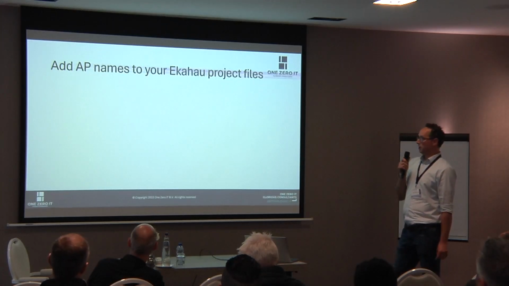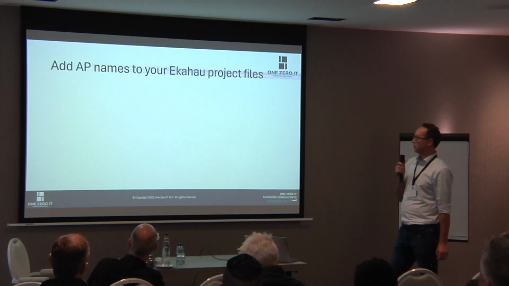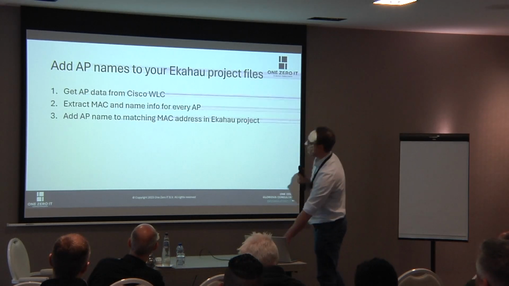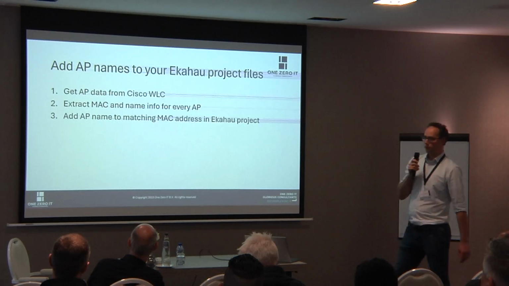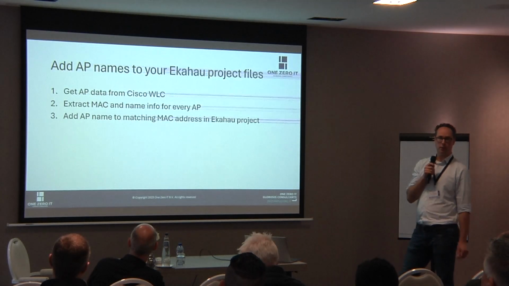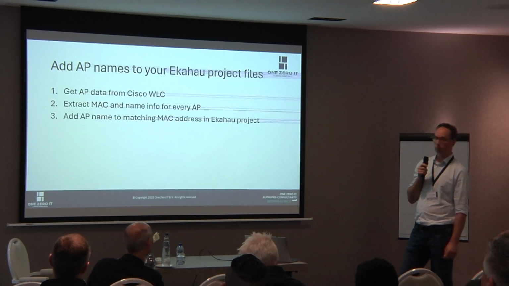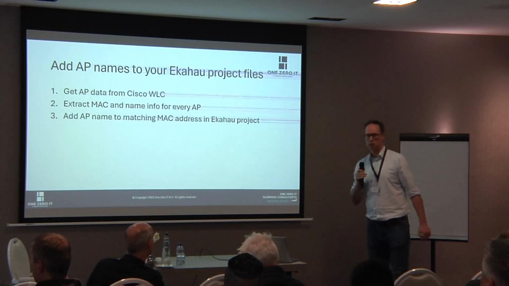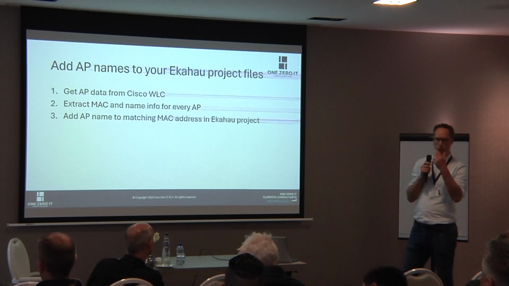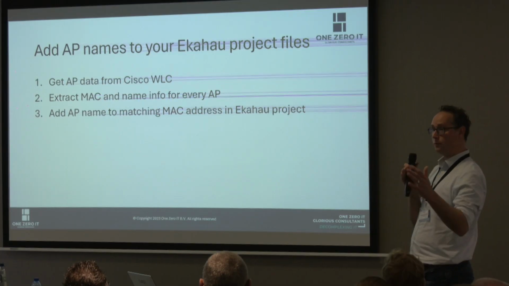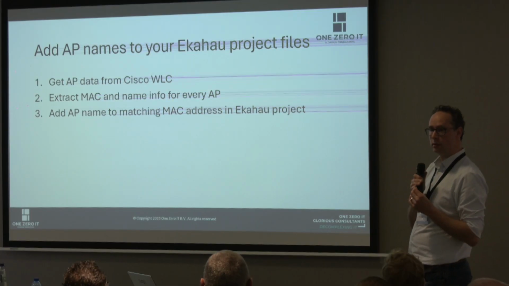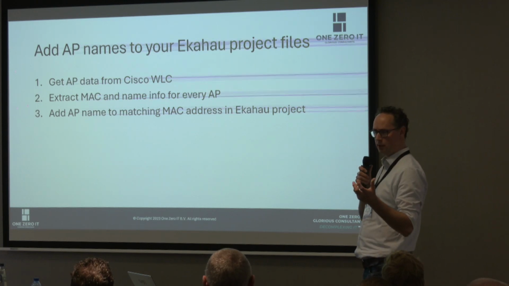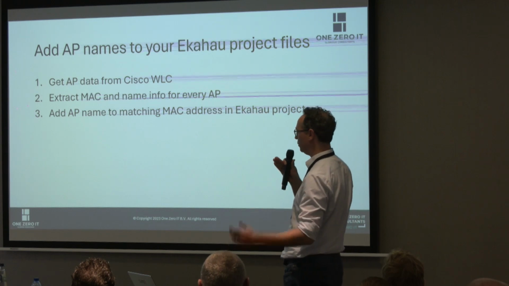Also a nice one is the adding of the AP names to your Ekahau project files. So you've done your site survey, you've seen all your APs around, but your names are longer than 16 characters. Ekahau is displaying a name, but you want the full names to be in Ekahau, or in the information element. It's the name of the AP bounded to some characters.